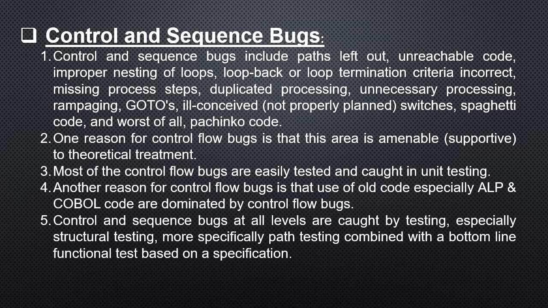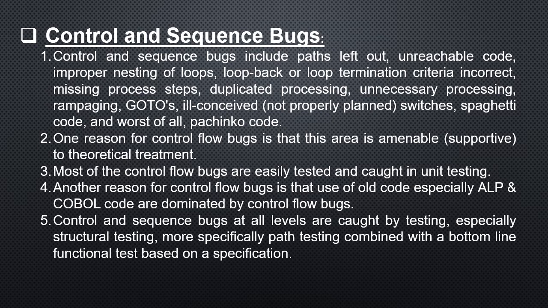One reason for control flow bugs is that this area is amenable, supportive to theoretical treatment. Most of the control flow bugs are easily tested and caught in unit testing.